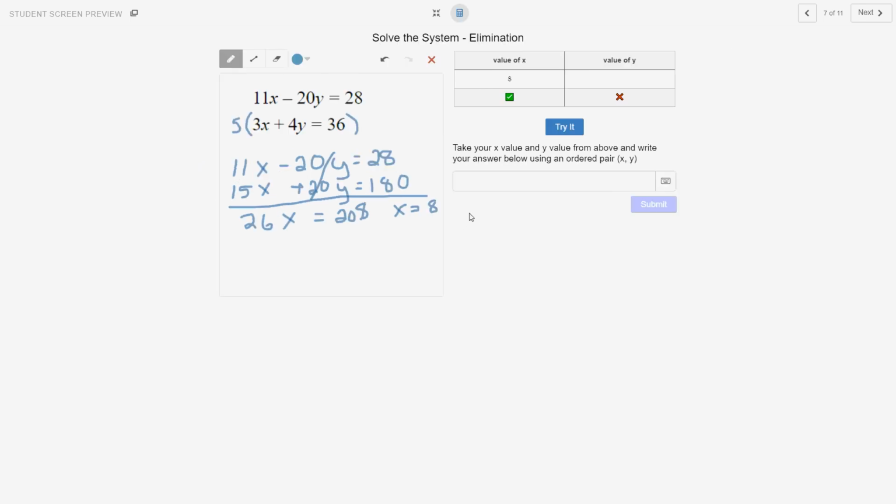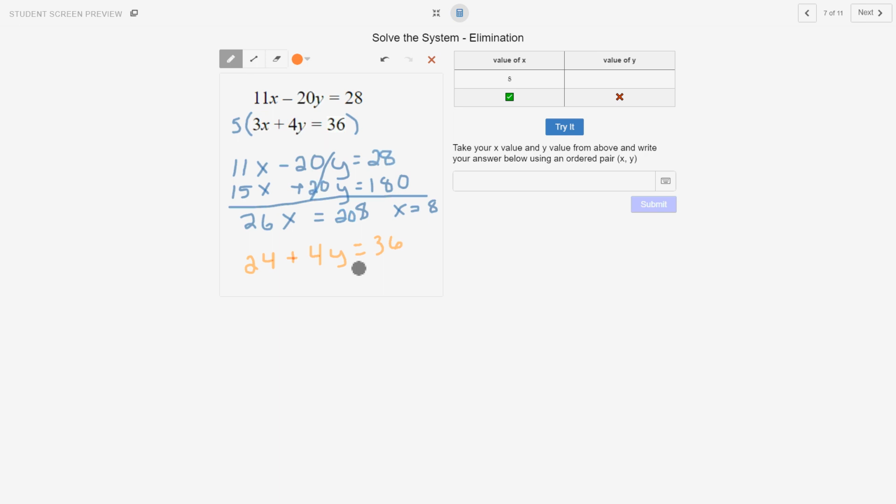And now we need to figure out what our y is. I'm going to use the bottom equation just because the numbers are a lot smaller. Well, I know x is 8, so 3 times 8 is 24. I'm going to kind of do that step in my head. Plus 4y equals 36.